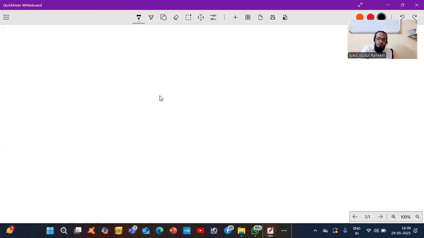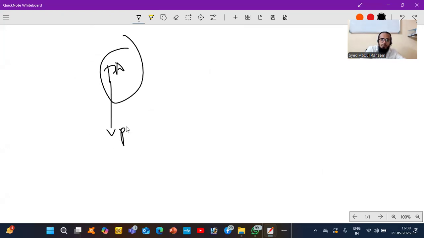Benign is first PA tumor, that is pilocytic astrocytoma.